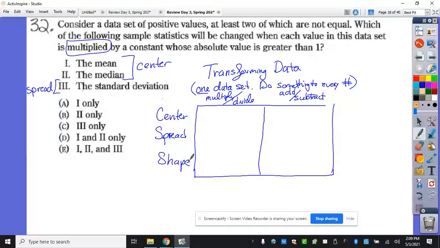So if I multiply or divide, what would you expect to happen to the mean? We multiplied all of our individual values by 12 to change those to inches. Our center also multiplied, by 12 to get inches.